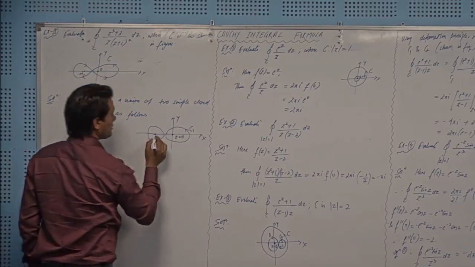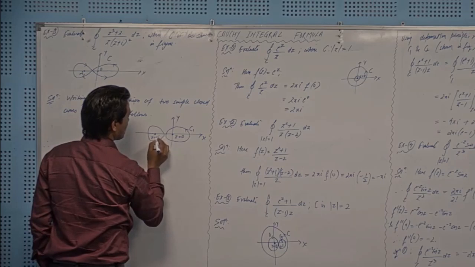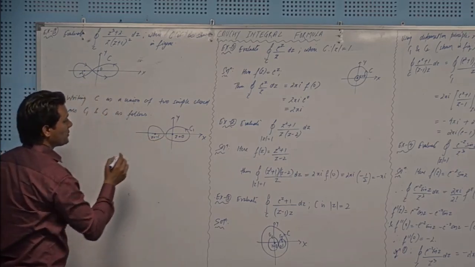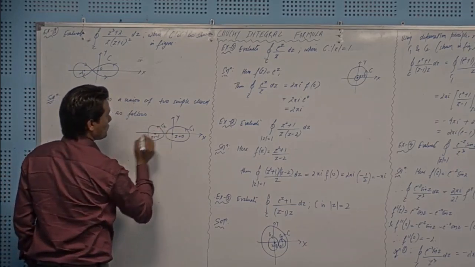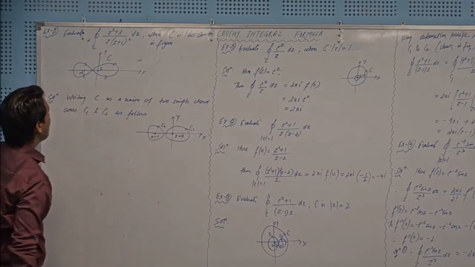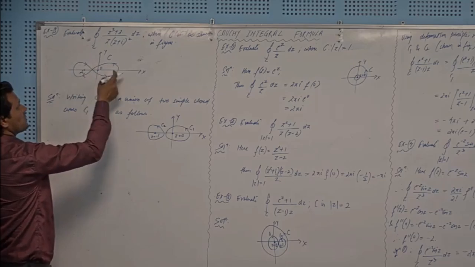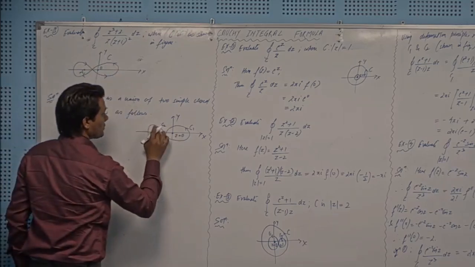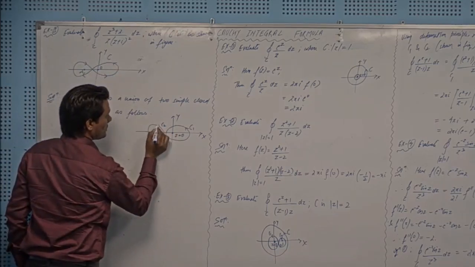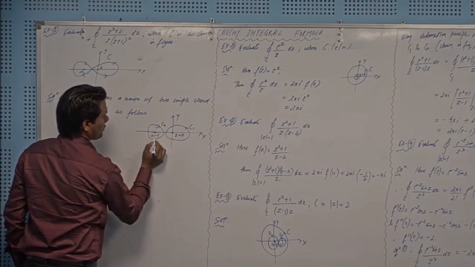And this is your C2. And both are anti-clockwise. No, this is not anti, this is clockwise. Sorry, this is clockwise, this is anti-clockwise. This arrow is like this, anti-clockwise, right?